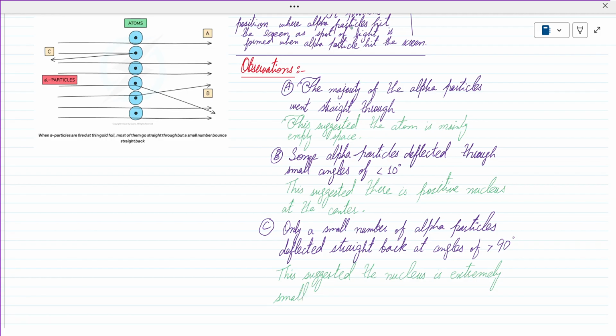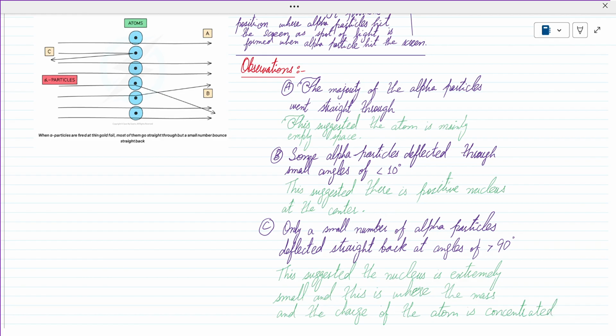This is where the mass and charge of the atom is concentrated. You can write it like that so it is a little clearer: the mass and charge of the atom is concentrated in the nucleus.